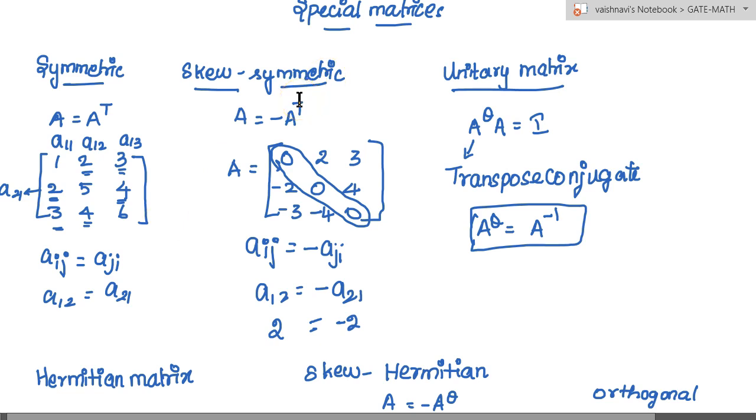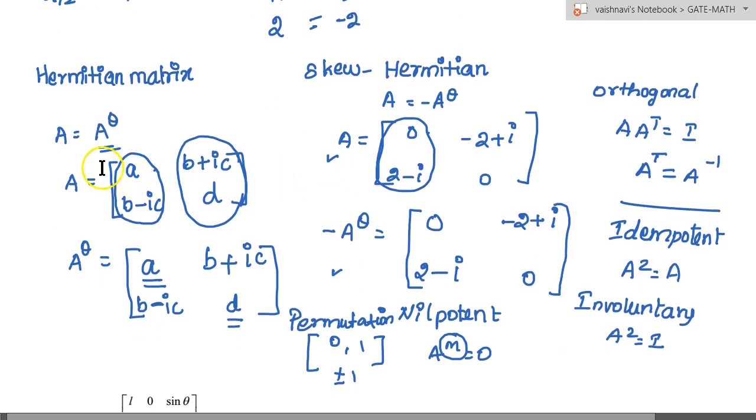And a matrix that is equal to the negative of its transpose is called a skew-symmetric matrix. And A theta into A is equal to I gives you a unitary matrix. Hermitian matrix is A equal to A theta, where A theta means the transpose conjugate matrix. Skew-Hermitian: A equal to minus A theta. Orthogonal is A A transpose equal to I.